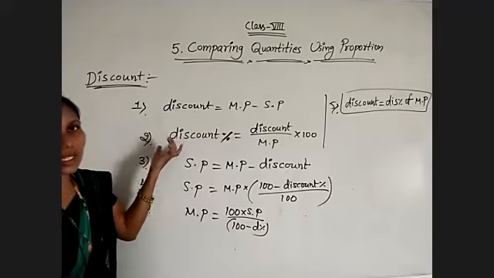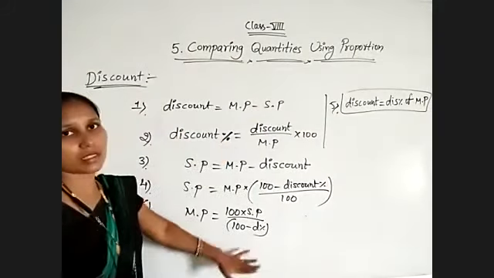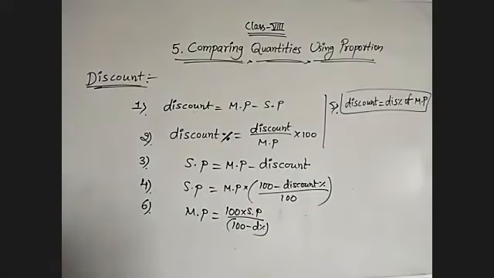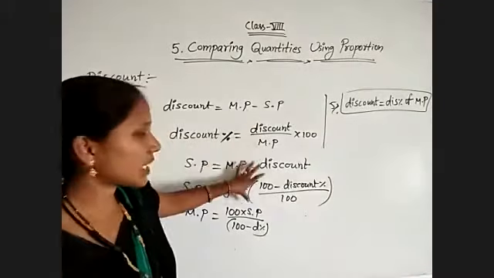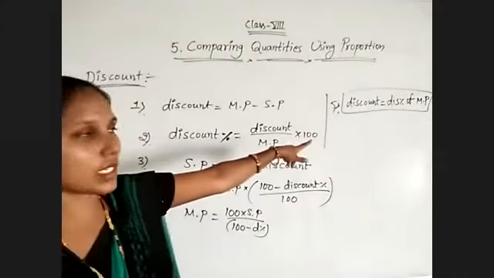Whenever you are getting the questions depending on discount, MP, SP, you need to remember these formulas. In our last class I have explained how we got SP as well as MP and discount percentage also.